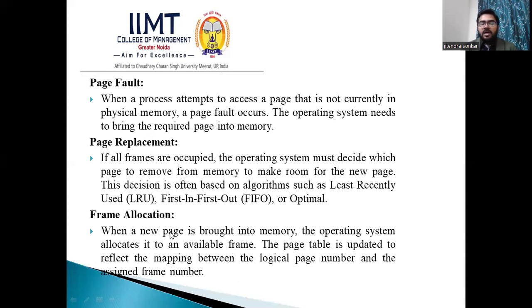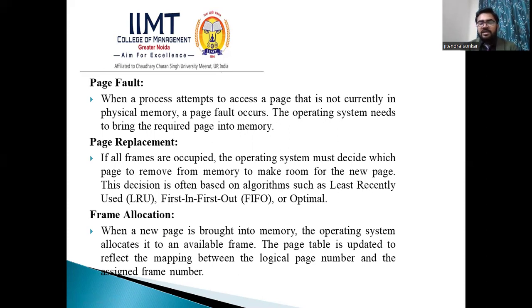Frame allocation: how to allocate frames to the process, which is divided into pages. So how does a page get placed in a frame? When a new page is brought into the memory, the operating system allocates it to an available frame.